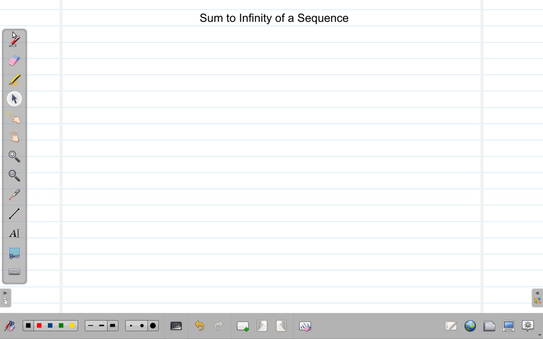Now, the fact is, if you try to find the sum to infinity of an arithmetic progression, then you get an infinitely large answer. Example, if you have an AP, the first term is 1, the common difference is 1.